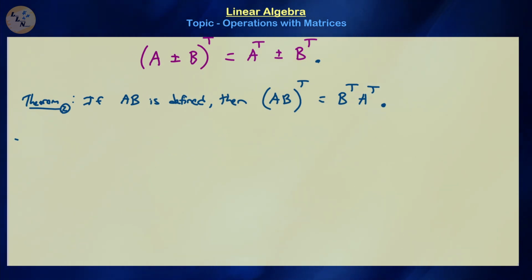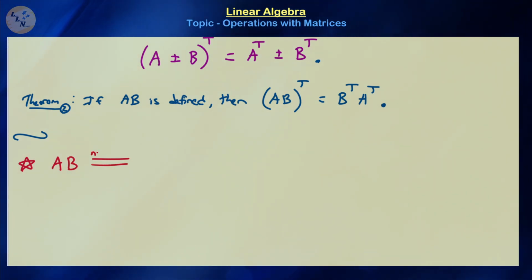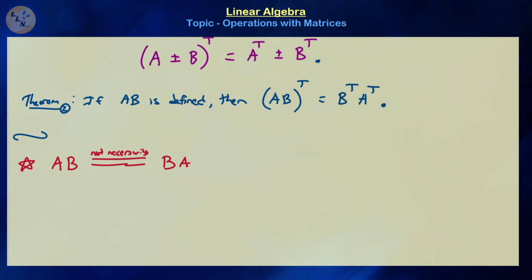Also, a very important note that you must be aware of is that the product AB, assuming it's defined, is not necessarily equal to the product BA. You should be able to easily construct examples where the inner dimensions agree for one but not the other, but even if they do agree for both, for example, both A and B are square matrices, the product does not necessarily commute.